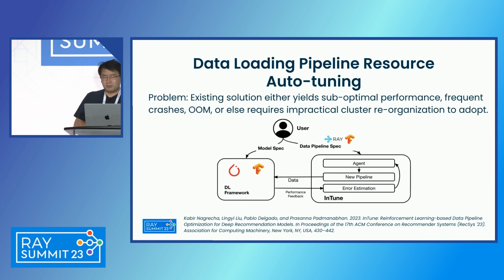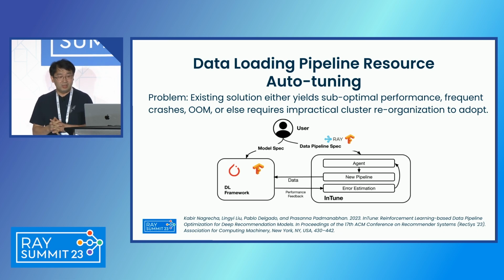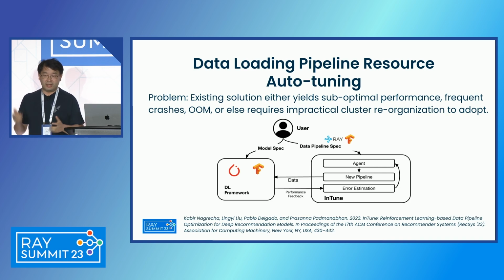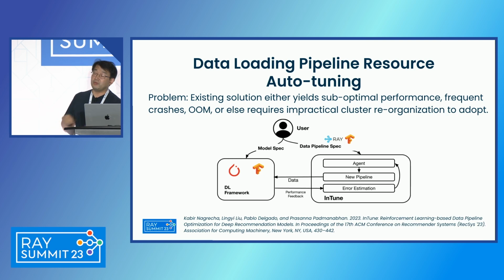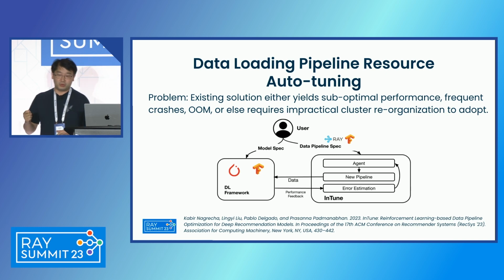The last one is an interesting problem we encountered in our production. Basically, if we use TensorFlow's native auto-tuning support for the data pipelines, we frequently encounter a lot of crashes and even out of memory. So we had a student intern, Kabir, who did some research in this area. Basically, we use reinforcement learning to distribute the CPU resources in the training pipeline.